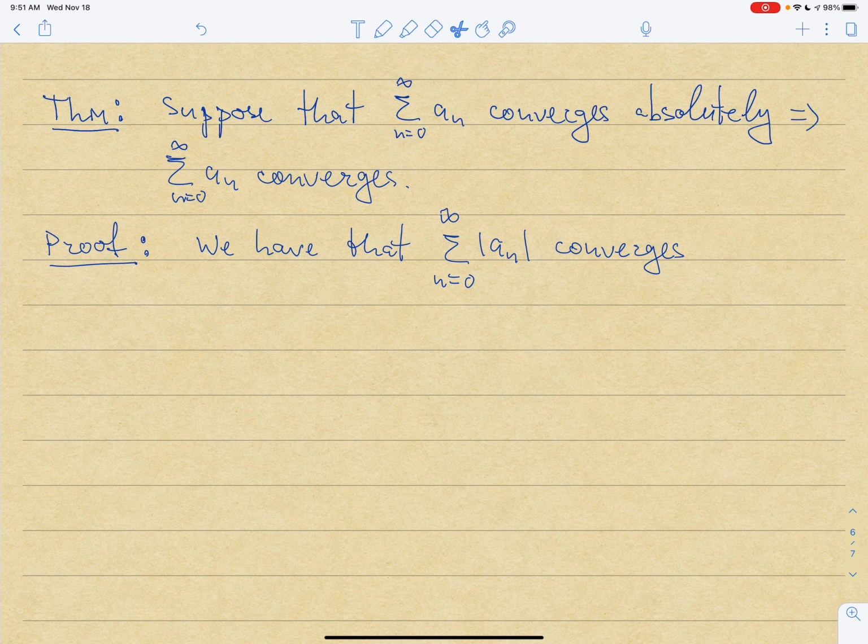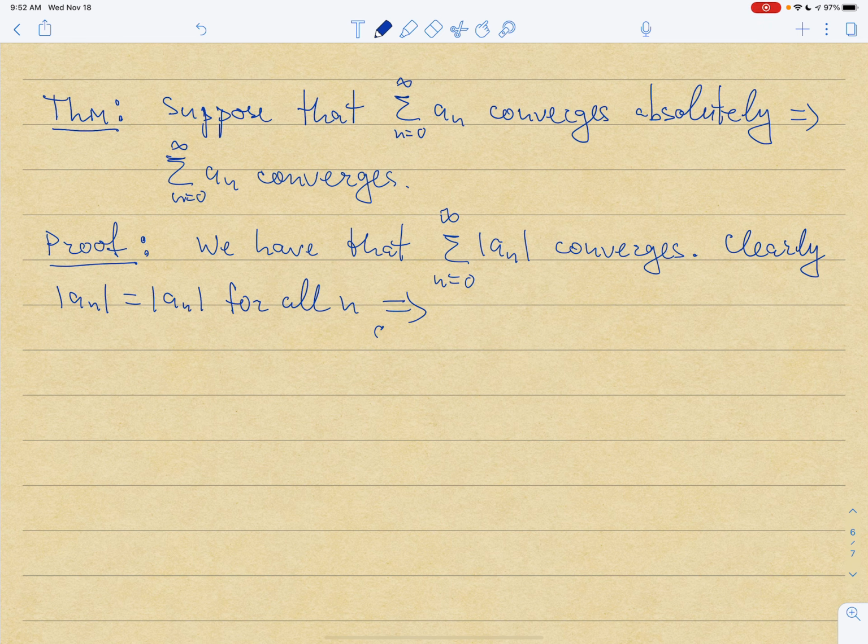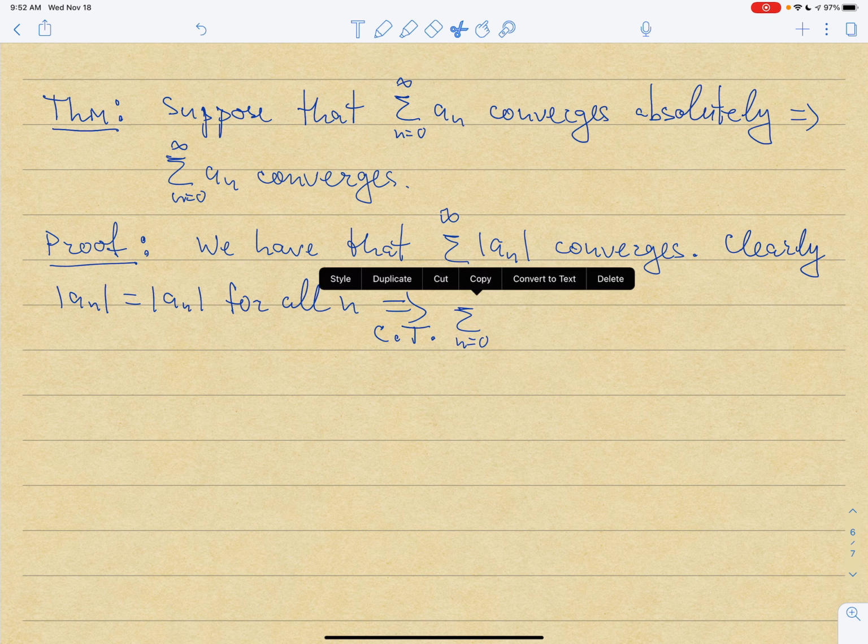So clearly, absolute value of An is equal to absolute value of An, right? This is a trivial statement. So the series of absolute values converges, and this is true for all n, and so then immediately from the comparison theorem, the series of An's must converge. Right, so essentially we already proved this fact.